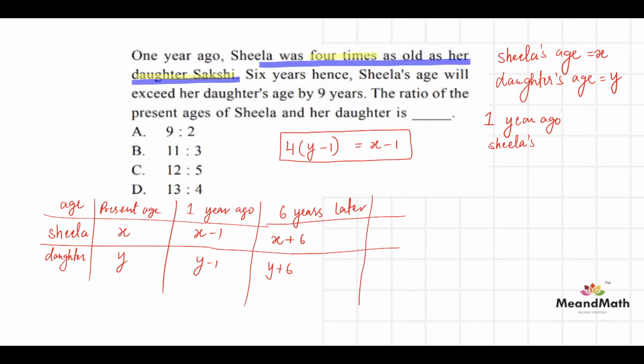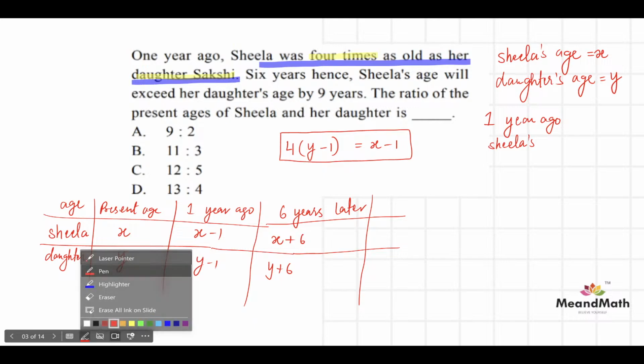Now based on that, Sheila's age will exceed her daughter's age by 9 years. That means Sheila would be 9 years older than her daughter 6 years later. The age difference would be like that. So 6 years hence, Sheila's age will exceed by 9. So we are going to be adding 9 to daughter's age.